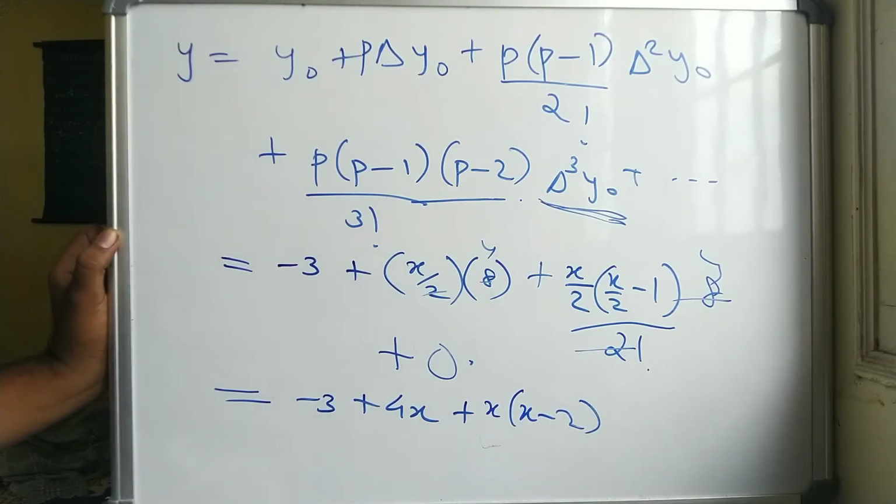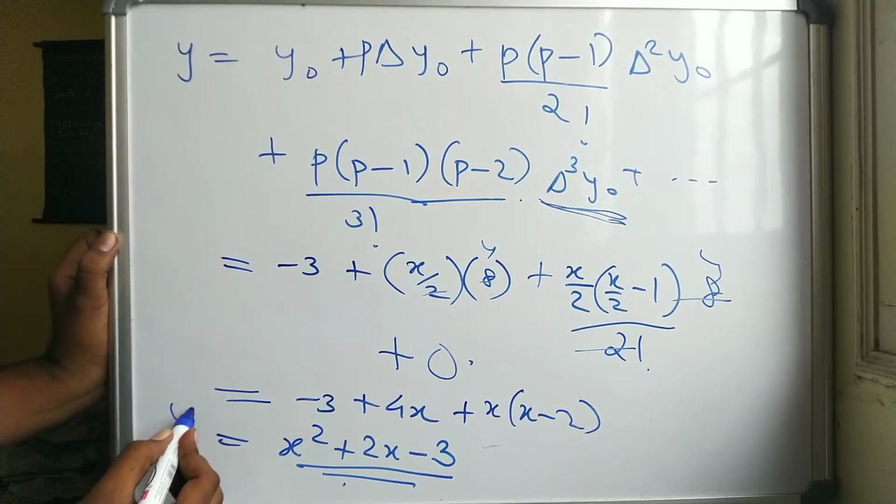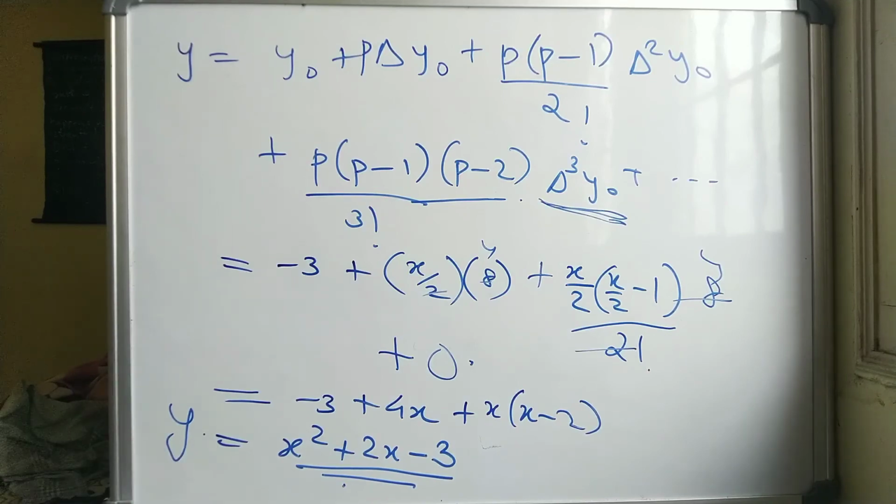Now simplify this and you get x square plus 2x minus 3. This is the final answer, that is y. So we got the quadratic polynomial, and this is the answer.